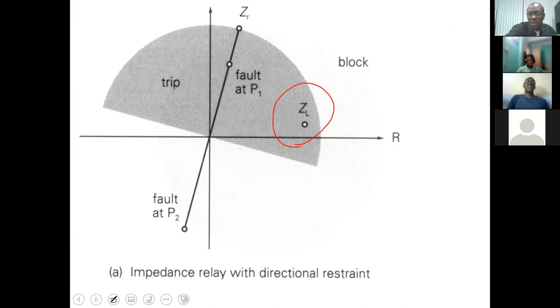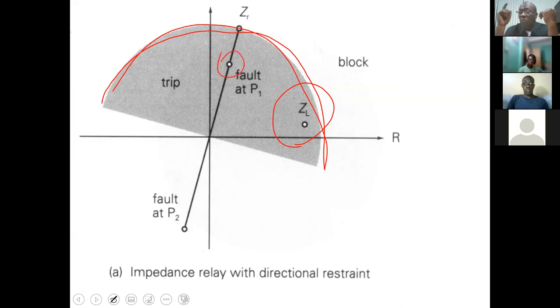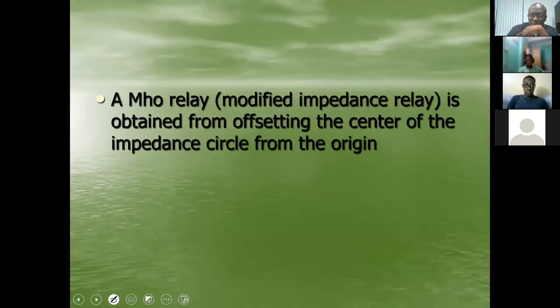Because remember, the relay is measuring all of this impedance. Anything below that impedance, it's going to trip. The fault is below that impedance. But because of the characteristics of the load, it may fall within the trip circle. We don't want that to happen. So we modify this characteristic a little more, and we end up with a more refined characteristic. And that's what is MHO. Right? So it's a modified impedance relay.